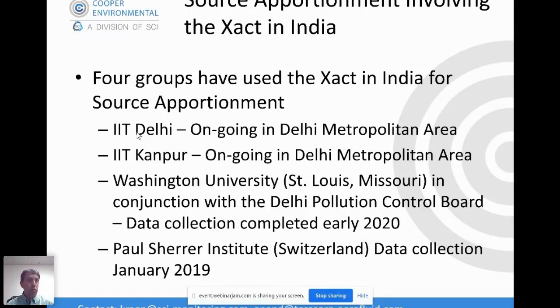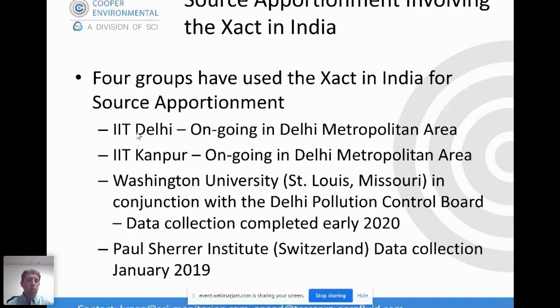Their data collection was completed in early 2020, and I'm assuming they're currently working on some of the results of that. And then finally, the Paul Scherrer Institute in Switzerland also did, very briefly, some data collection in January of 2019.